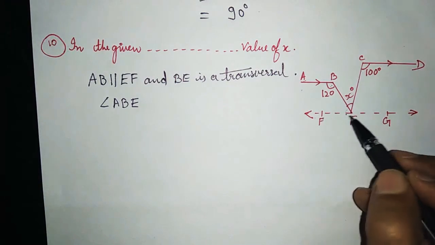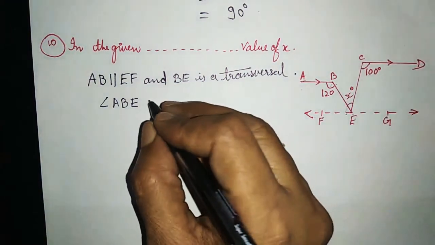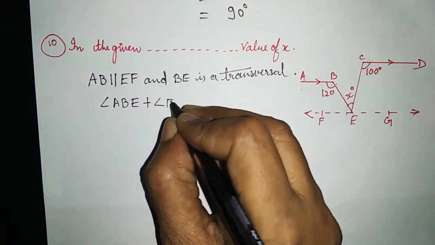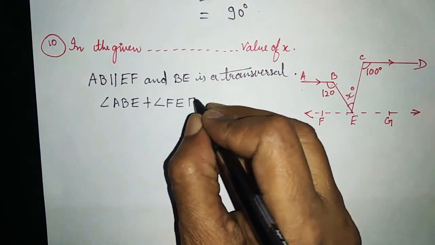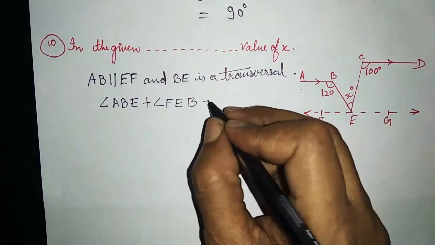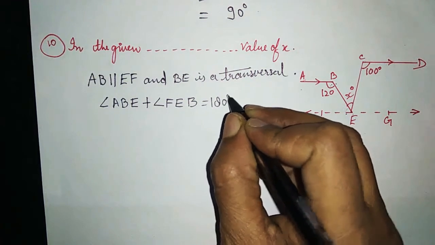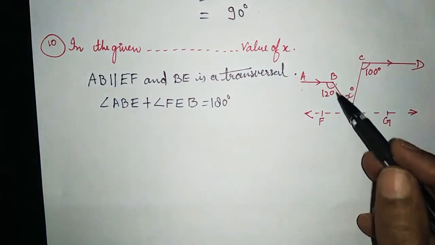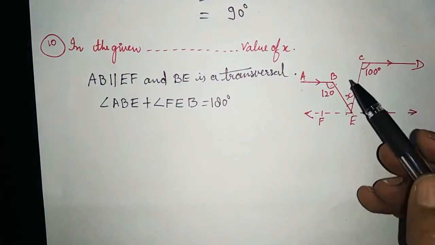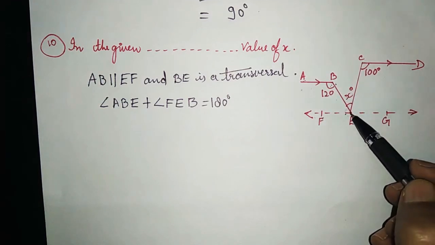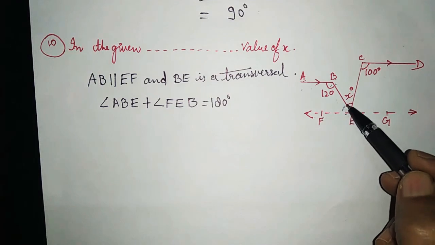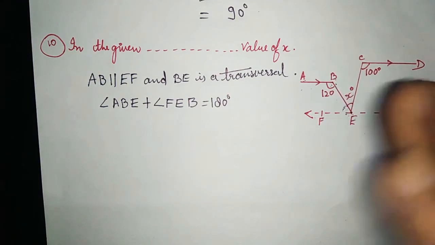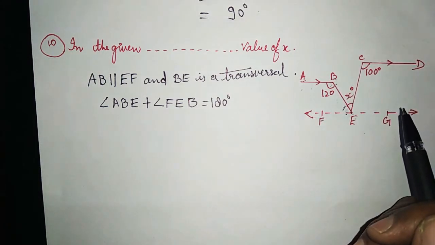Okay, and angle ABE plus angle FEB is equal to 180 degrees. Why 180 degrees? Because angle ABE and angle FEB, these two angles are forming on the same side of the transversal.